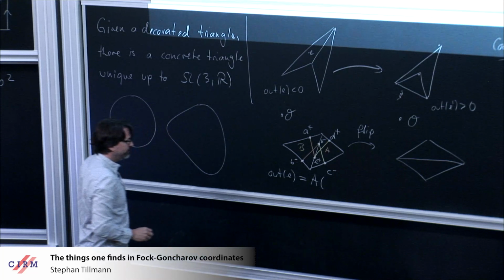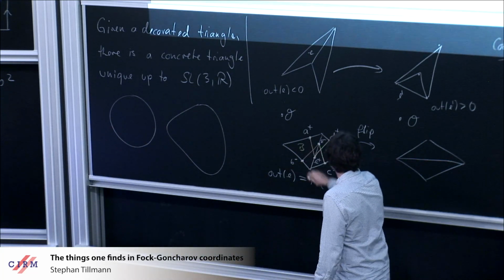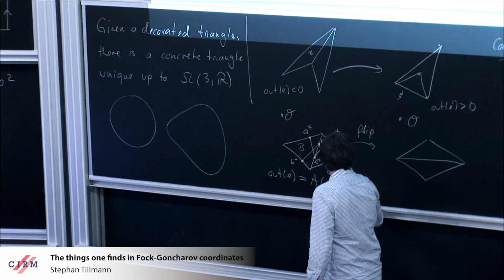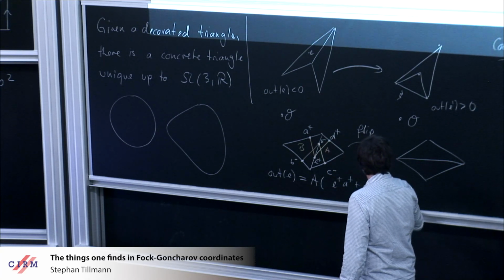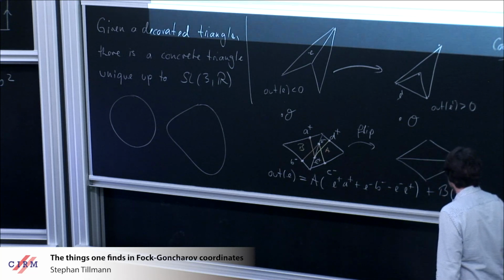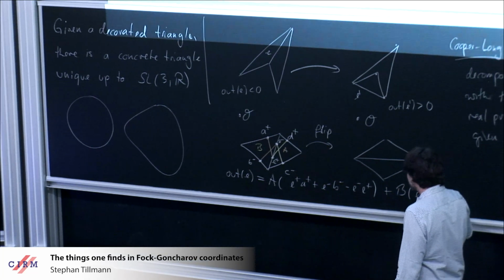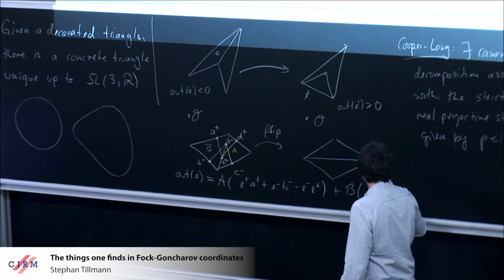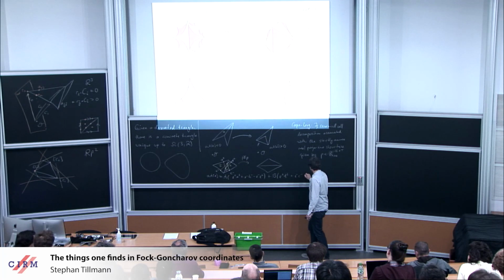It doesn't really matter. And so now you can write this down. So it's A times the product of these two, E plus, A plus, plus E minus, B minus, and then you subtract E minus, E plus. And then we do the symmetric thing here. So it's E plus D plus plus E minus C minus minus.